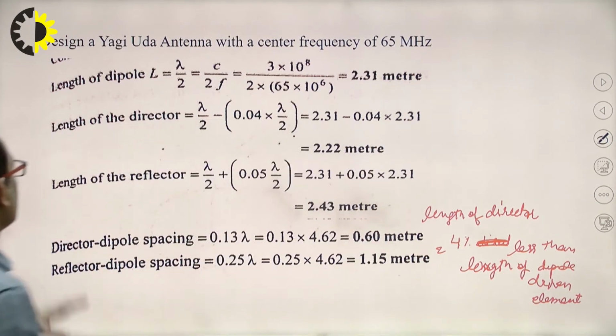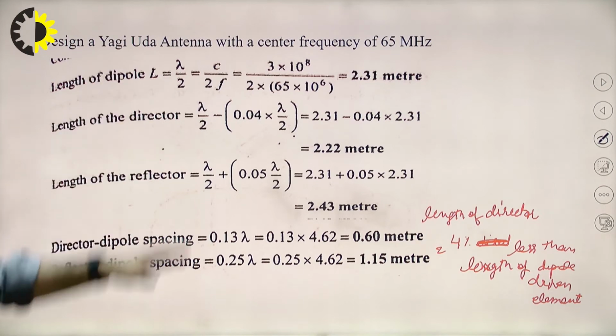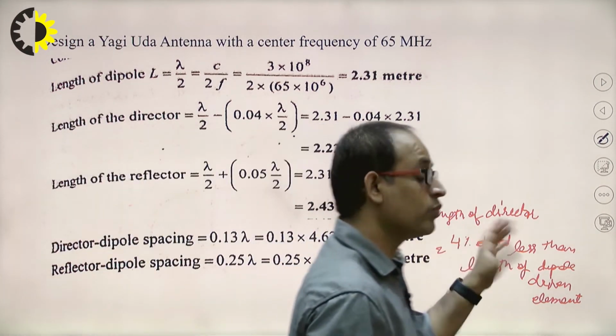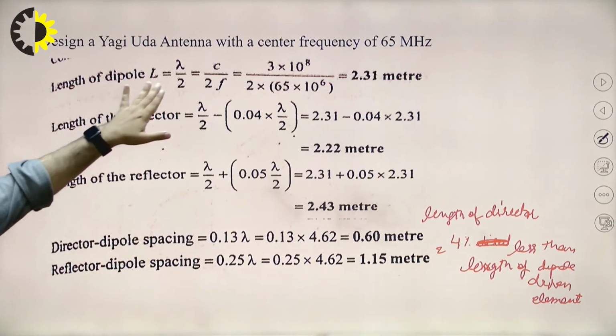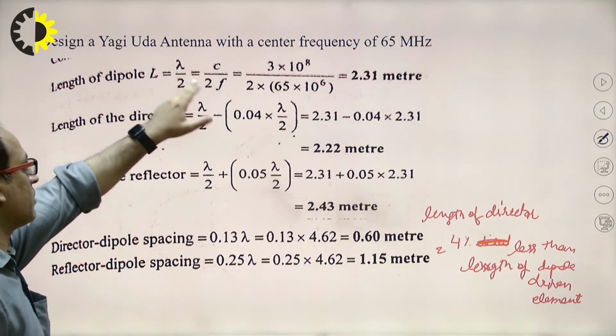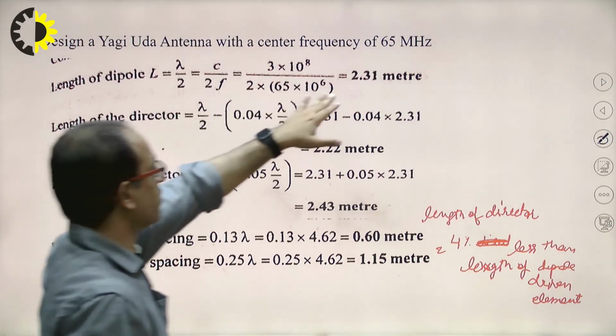Clear? Now the length of the reflector is always 5% more than the length of the driven element. Now see the length of the dipole, that is L equal to lambda by 2. Put lambda equal to c by f, put this value in, and it comes out.